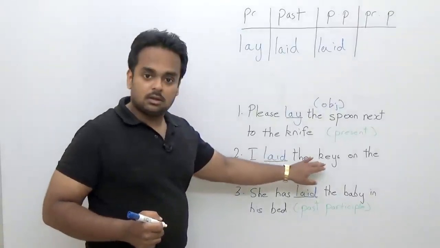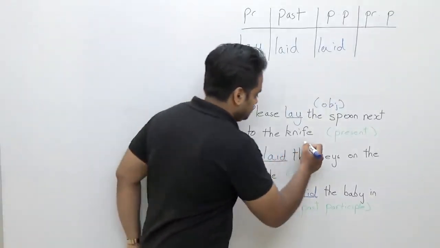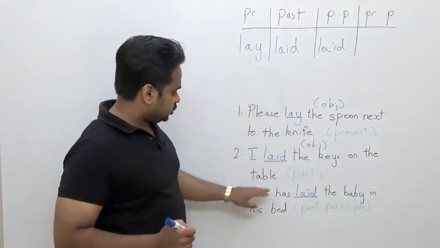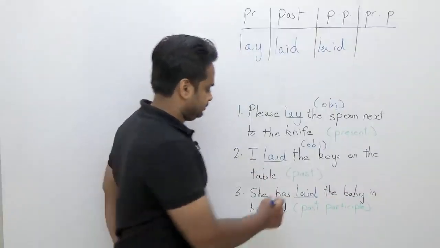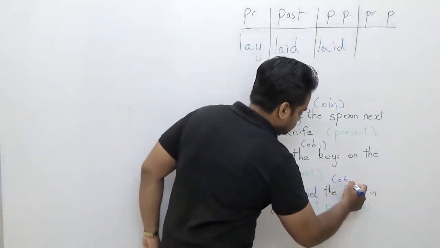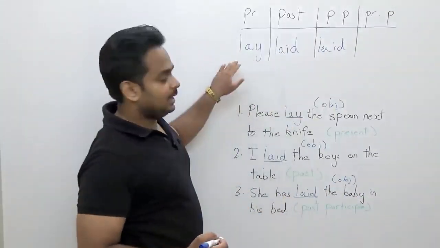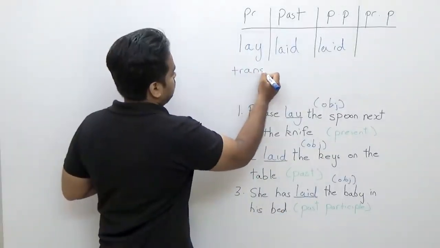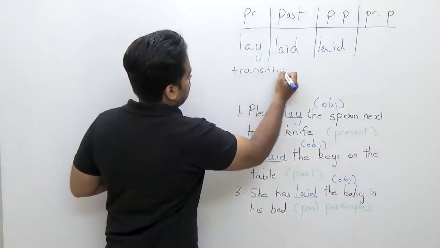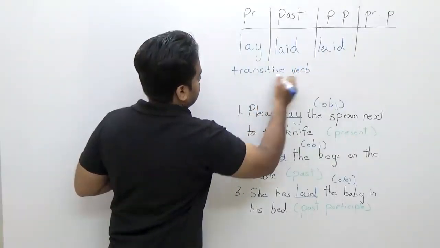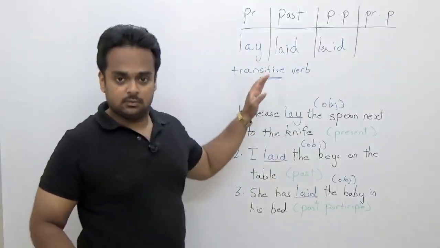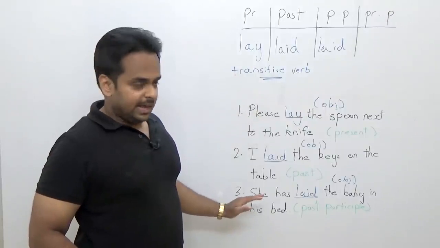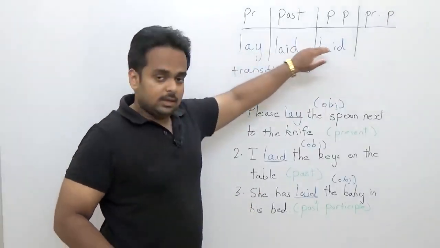I laid the keys. The keys are the object. She has laid the baby. Once again, object. So lay is always going to be a transitive verb.